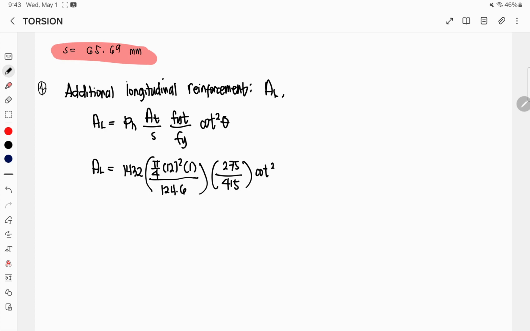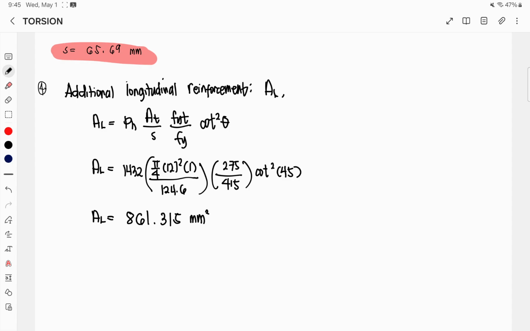Cotangent squared 45 degrees. For the A sub L, it is equivalent to 861.315 mm squared. So this will be the value of the additional longitudinal reinforcement AL.